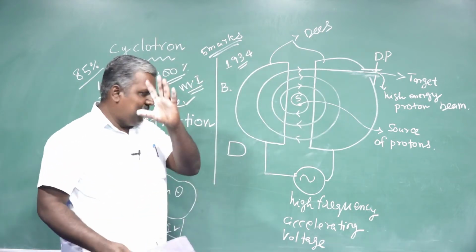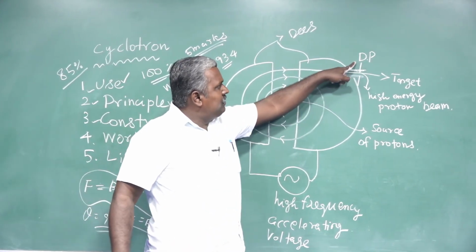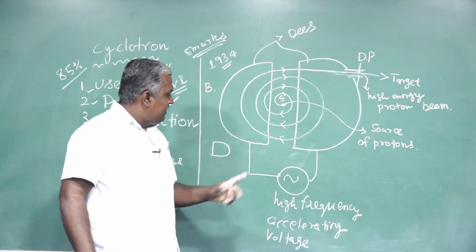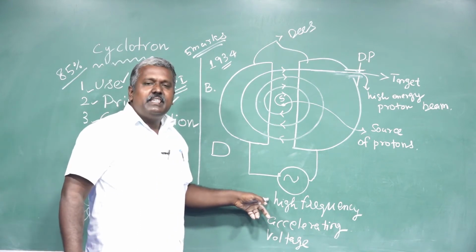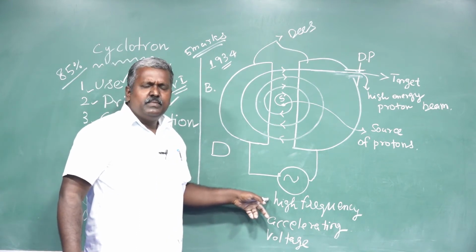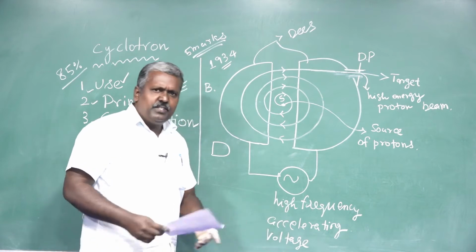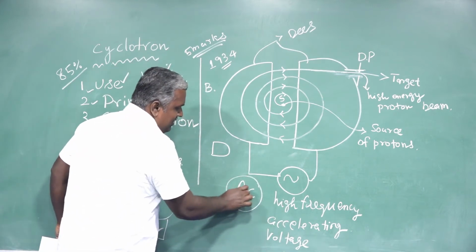Okay. Then, this I told you: deflector plate and target. Then these two Ds are connected with a high frequency oscillator. That means high frequency accelerating voltage, that means source of AC.